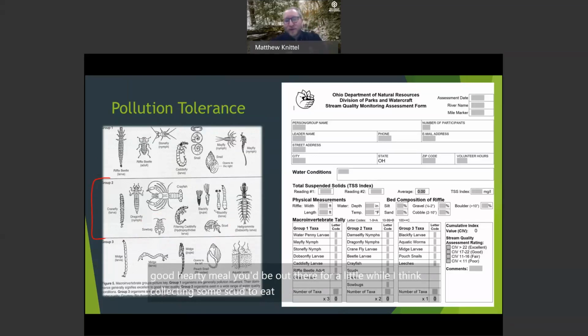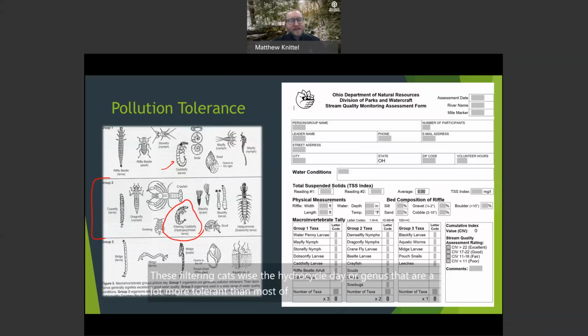Now you may have noticed if you're looking at some of these other organisms in group 2 that we have another caddisfly here. And I said earlier that our caddisflies are in group 1, which we do have some, but we have some caddisflies, especially our net spinning caddisflies, these filtering caddisflies, the Hydropsychidae, that are a lot more tolerant than most of our other caddisflies.